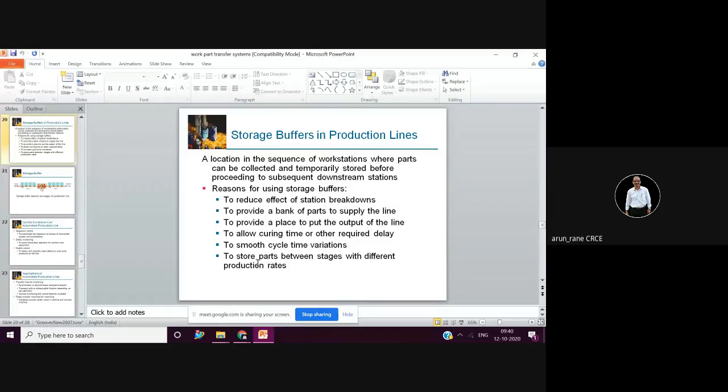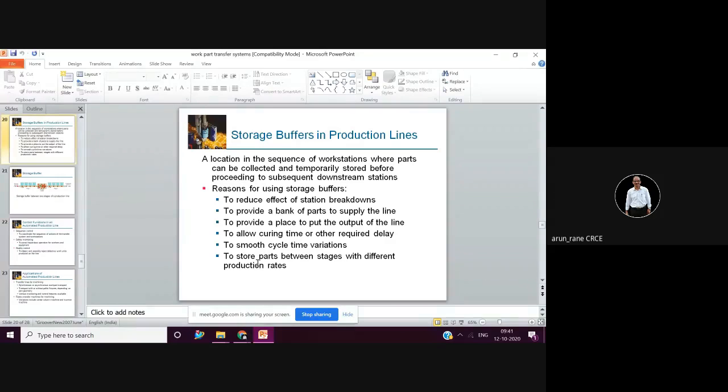He keeps producing products every 14 seconds. Then we should have a provision to store, because the cycle time is 28 seconds. If he is producing every 28 seconds, then the components will move. But now he is producing double the components required. So you should have a provision to store these workpieces in between the workstations.